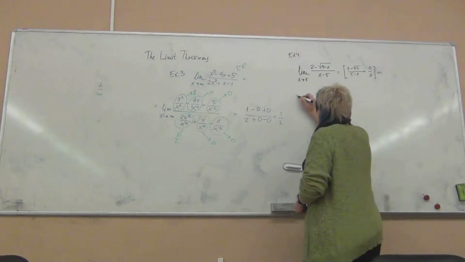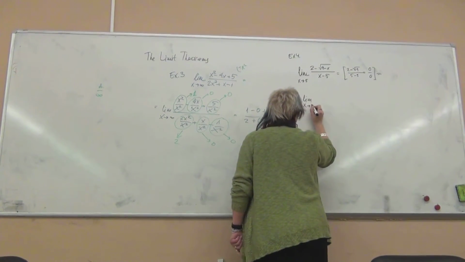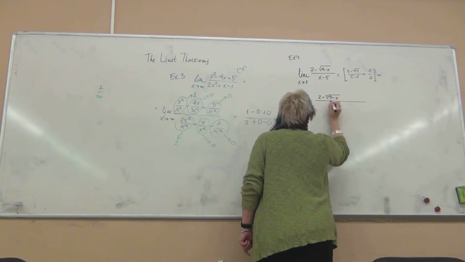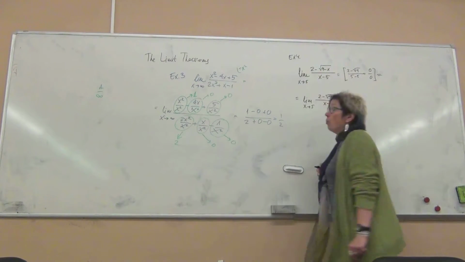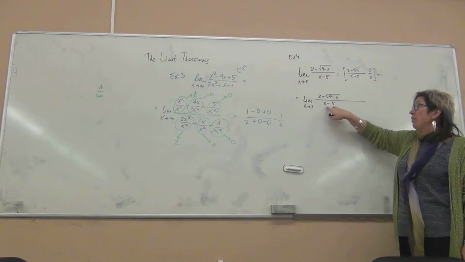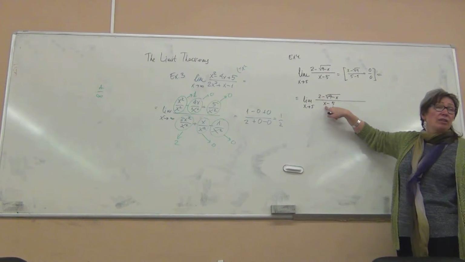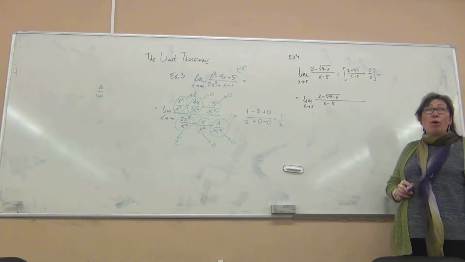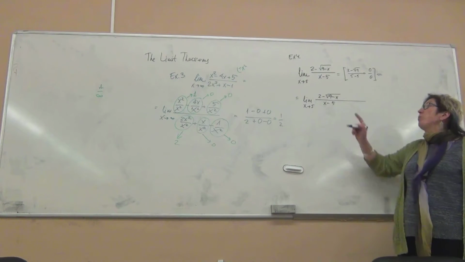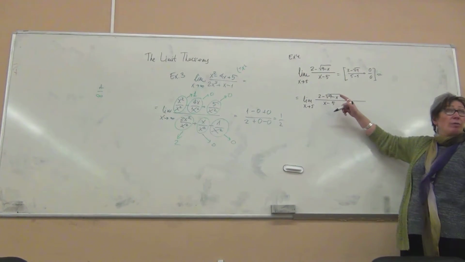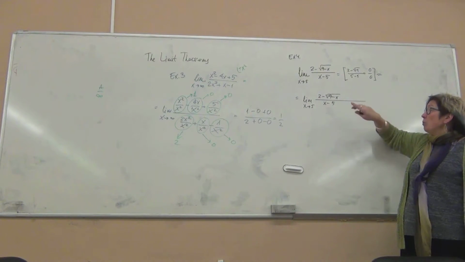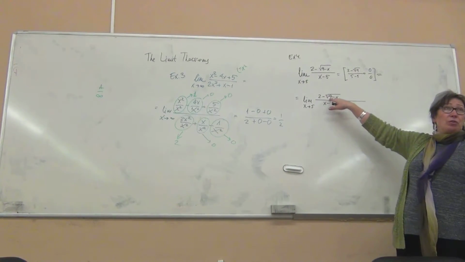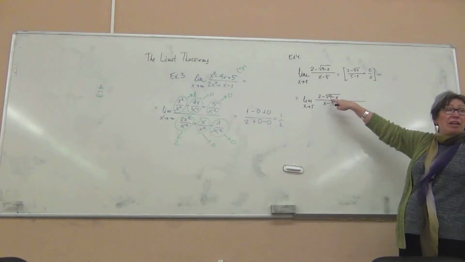If I have 2 minus square root of 9 minus x over x minus 5, it would be nice to simplify and cancel out x minus 5. Unfortunately, I don't have x minus 5 in the denominator, so I might hope to obtain it somehow. And to do that, what is the thing we don't like? We don't like that this difference tends to 0, and we definitely don't like the radical.